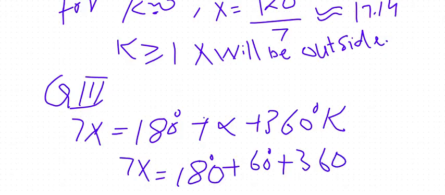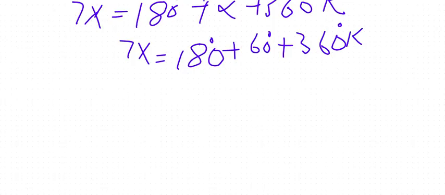So what we got over here is x equals 240 by 7. I'm just going to add up and then divide it. Plus 360 degree k by 7.